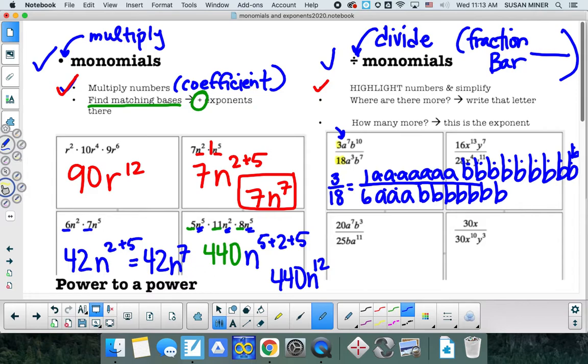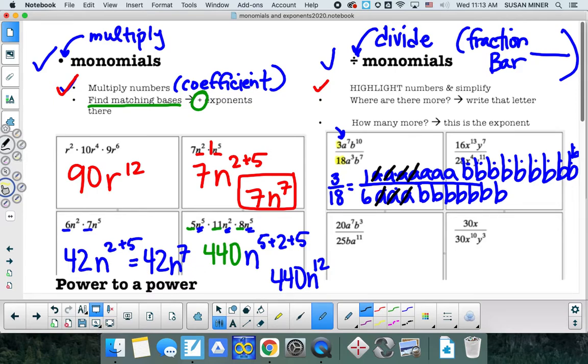And expanding these out is super tedious. So I want to figure out a shortcut rule, right? But what's happening, I'm just expanding it now to show you what's happening. What's going to happen is a divided by a, that's going to go to 1. And every time I have one of these, they're going to cancel each other out, right? They're going to go to 1. And so anytime I have an a on top and an a on bottom, they're going to cancel each other out.